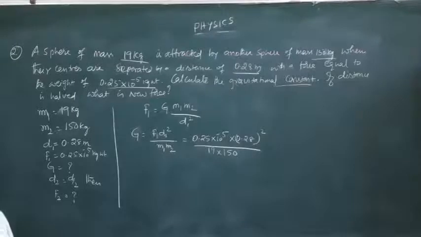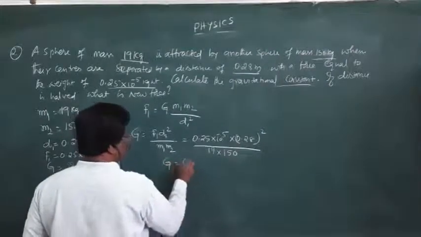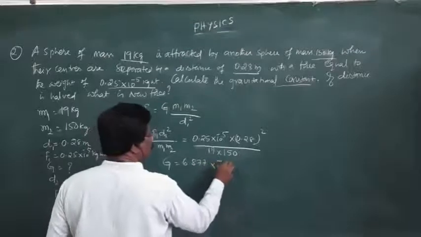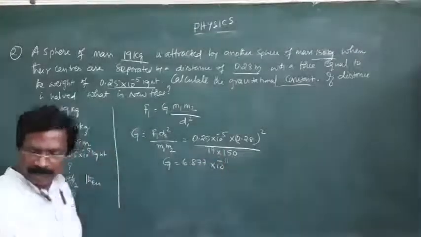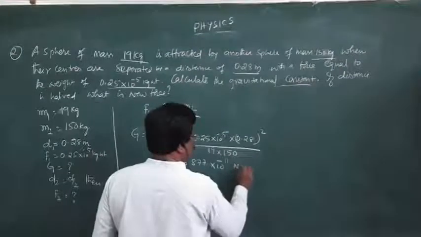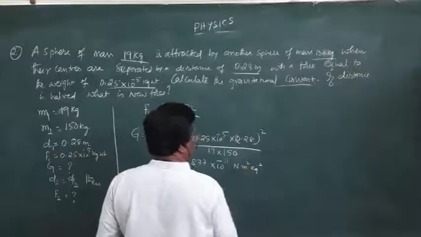The answer is 6.877. The G value is 6.877 into 10 raised to minus 11. The unit for this is Newton meter square kg inverse square.